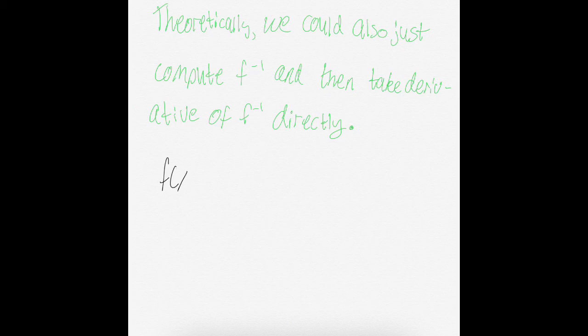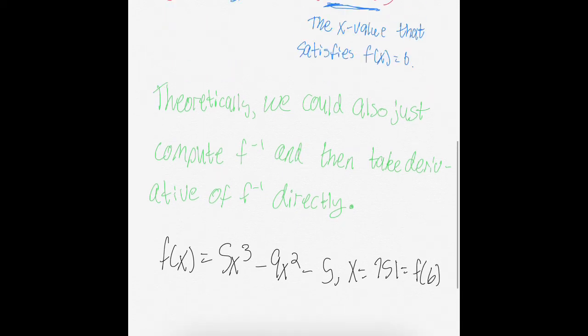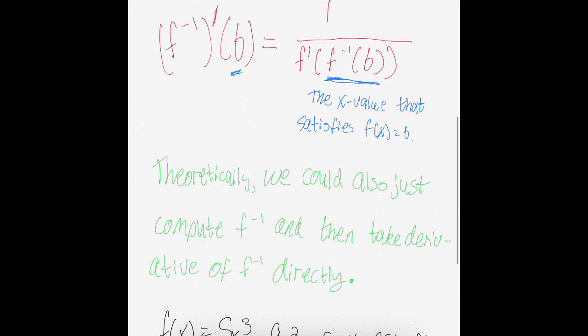Okay. So let's look at our specific function here. Let me copy it again down here, just so we don't forget it. So f of x equals 5x cubed minus 9x squared minus 5. And our point was x equals 751, which was f of 6.